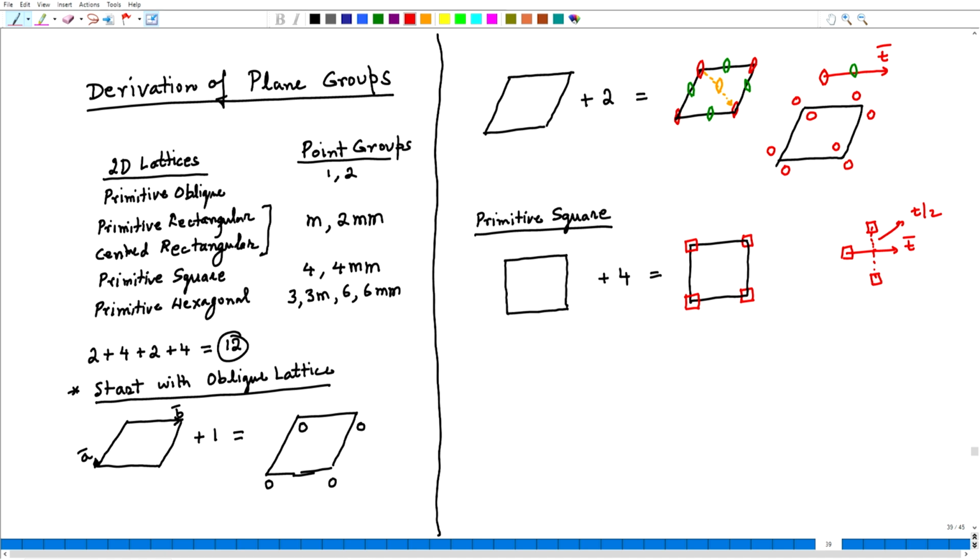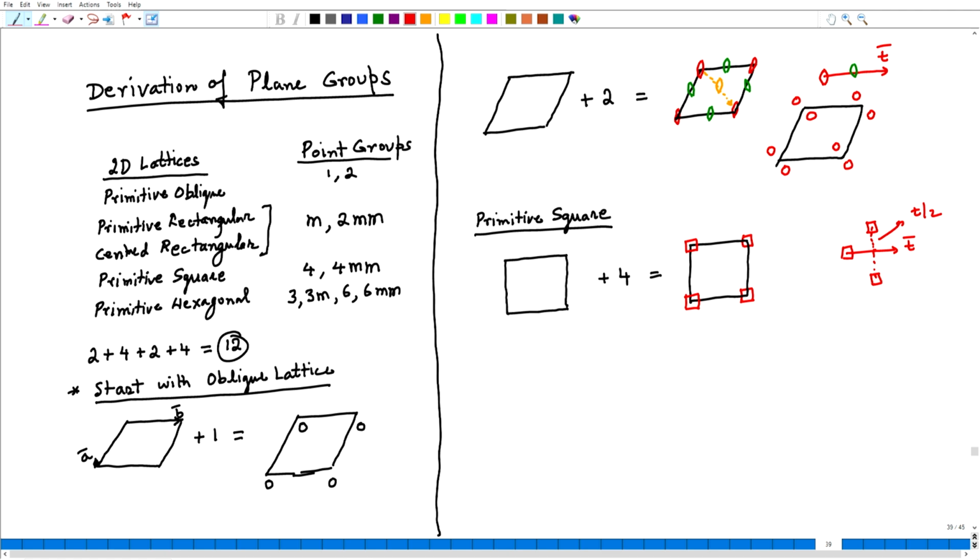If I look at this translation, on the perpendicular bisector, go up t by 2, it will take me to the center of the cell. Next, anywhere else within the square cell? No, not anywhere else.